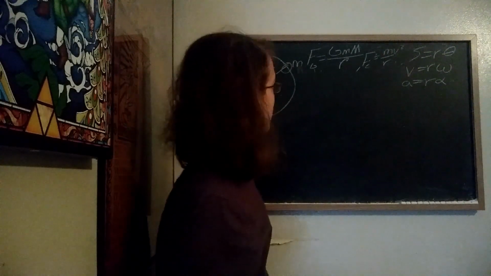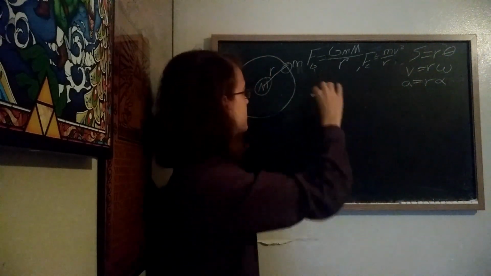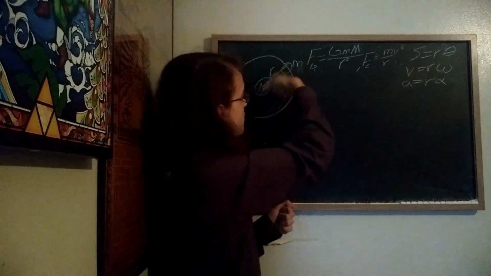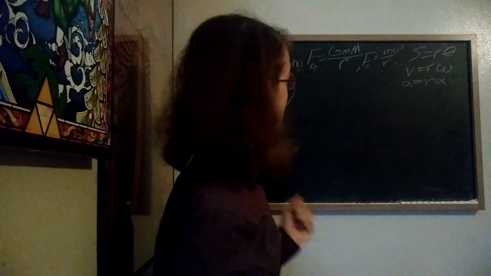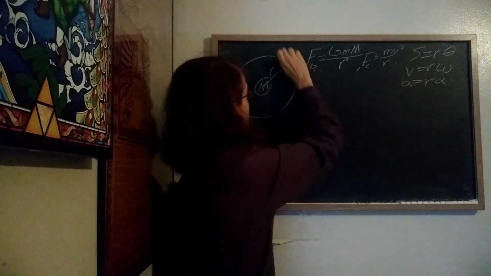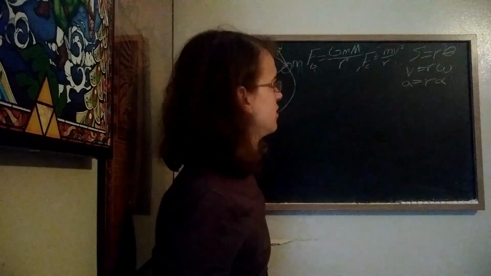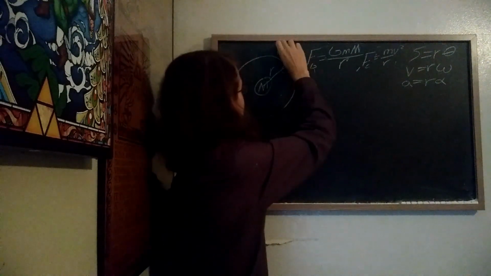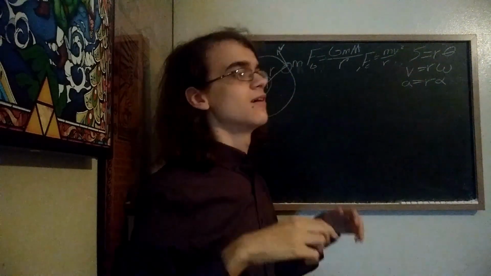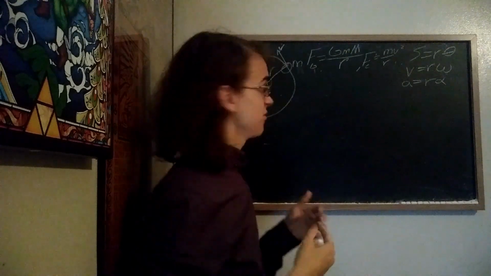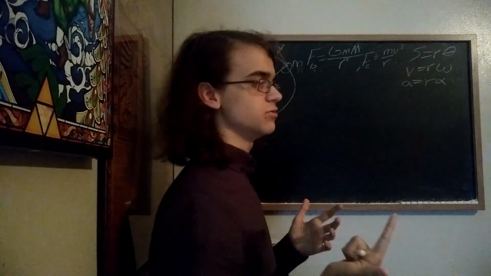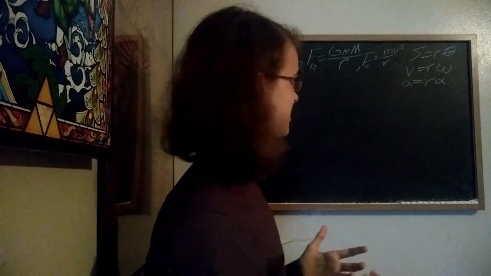Now, the force of gravity acts directly parallel with the radius of the orbit and perpendicular to the tangential velocity. And so it's never going to have an effect on the magnitude of the velocity. It's just going to change the direction of the velocity.